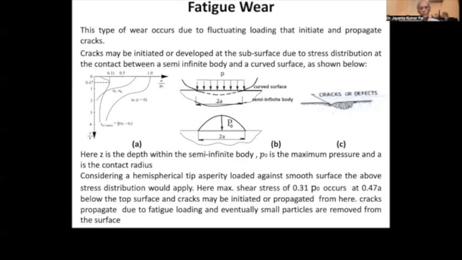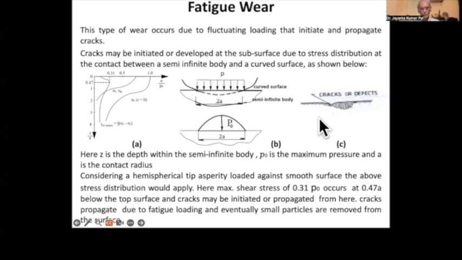And if we consider an asperity to be a semi-hemispherical body making contact with an opposing flat surface, then this is the stress distribution that will work, and the maximum stress will occur in this case at 0.3 at 0.47 depth, somewhere below the surface, in the subsurface, and from there the crack will propagate, and it may take a chunk of material out of it.